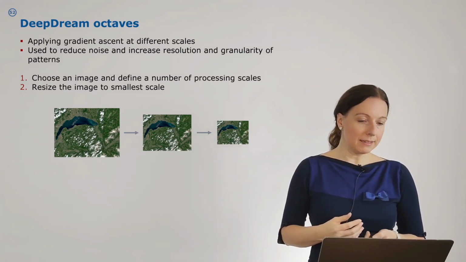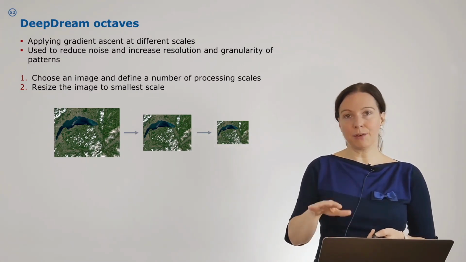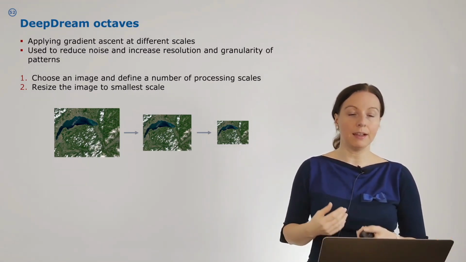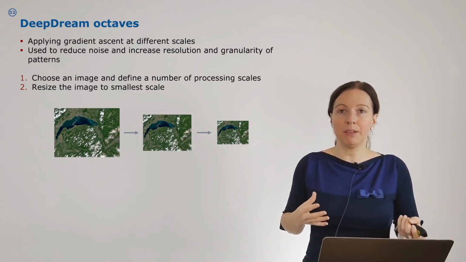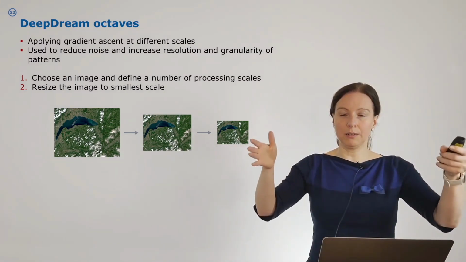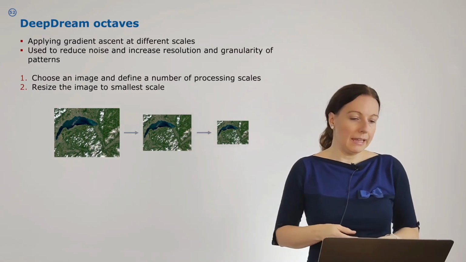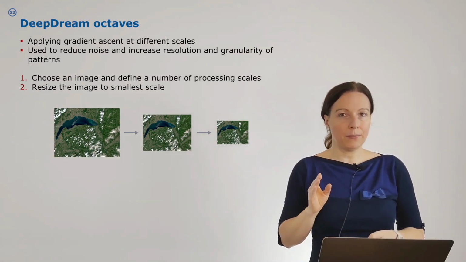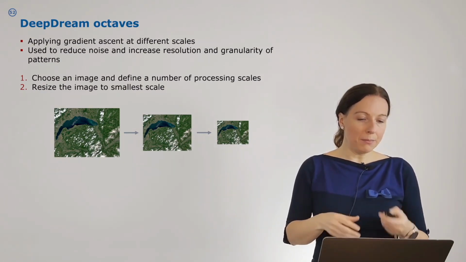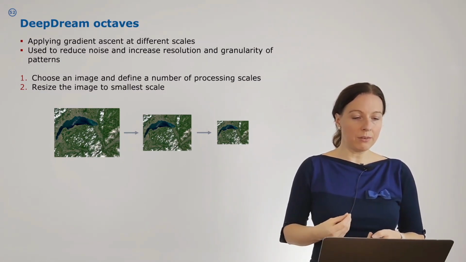That means we apply the gradient ascent update rule on different scales. We do not use only the original image, but also smaller versions of the image. This helps to reduce the noise, but also it helps to increase the granularity of the patterns.